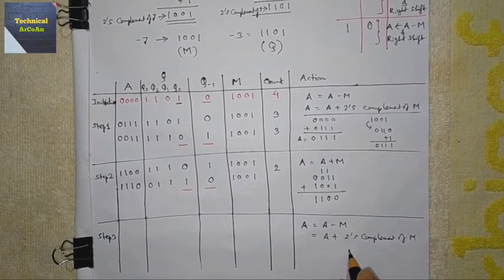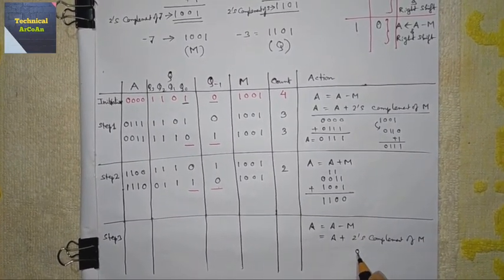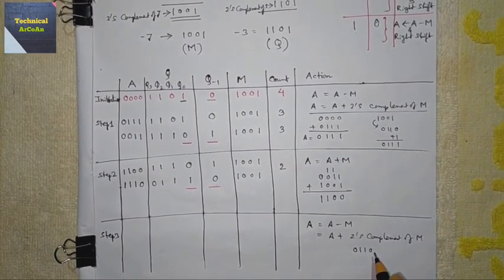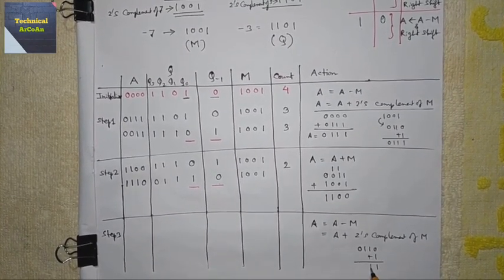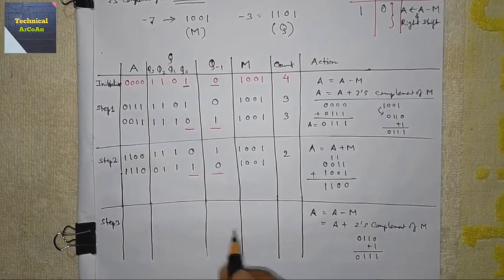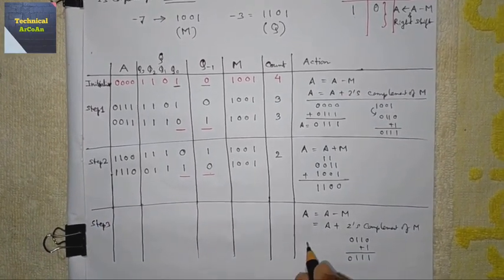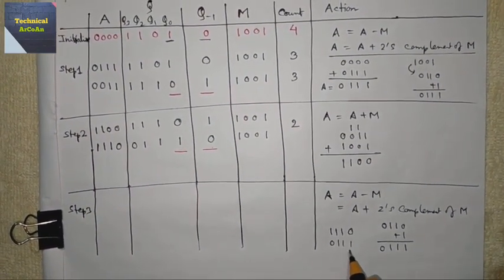Okay, now if we complement that, what is the value? The 1's complement value will be that. Okay, and if we add that 1, we get 0 1 1 1. And what will be the A value? The last A value will be 1 1 1 0, and we add this number 0 1 1 1.